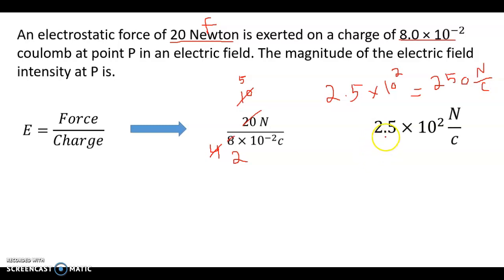Or you will keep it in this way based on the options you got. If it's a multiple choice question, you have to know how to deal with each one of them, this way or this way. 2 0 1 0 cancel the decimal, and the other 0 comes here, so it becomes 250 Newton per Coulomb.